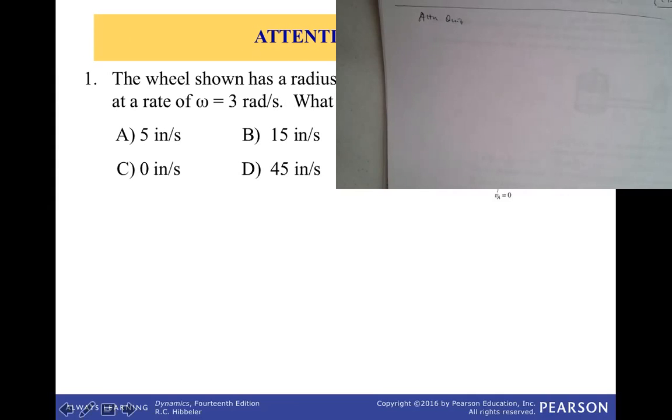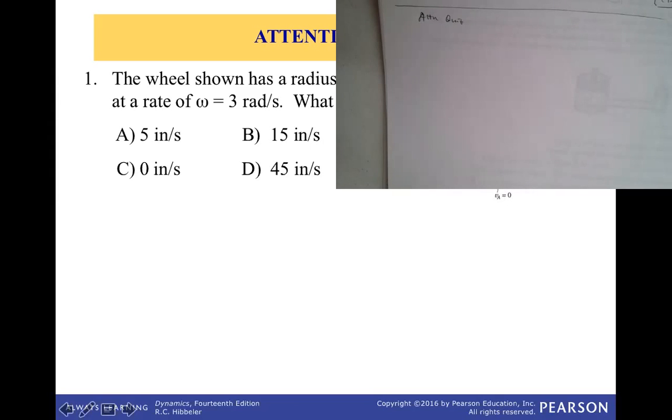In this case, the wheel is rotating with angular velocity of 3, and it indicates that VA is the zero velocity point. So you can pick that as your IC, the instantaneous center of zero velocity.